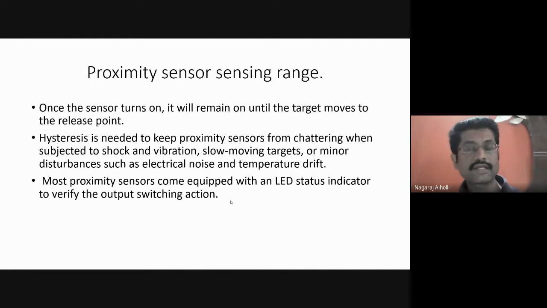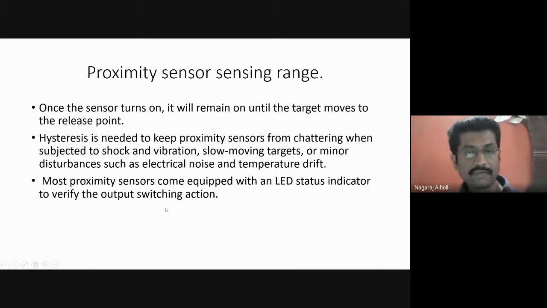If the object is within the hysteresis zone, those external disturbances are avoided. If it is outside the hysteresis zone, the other factors will affect the working of the proximity sensor.